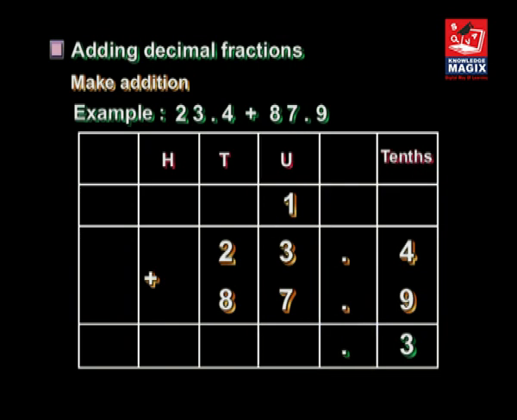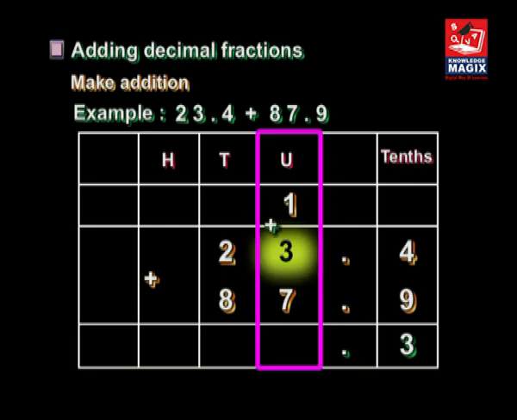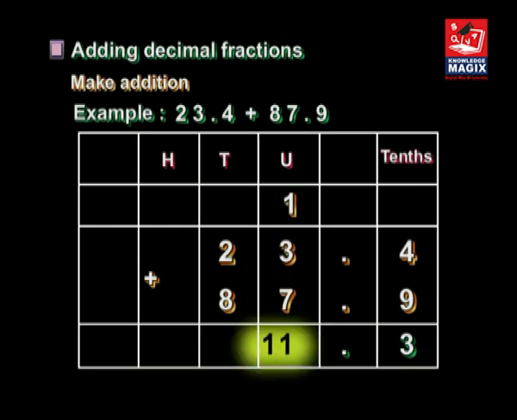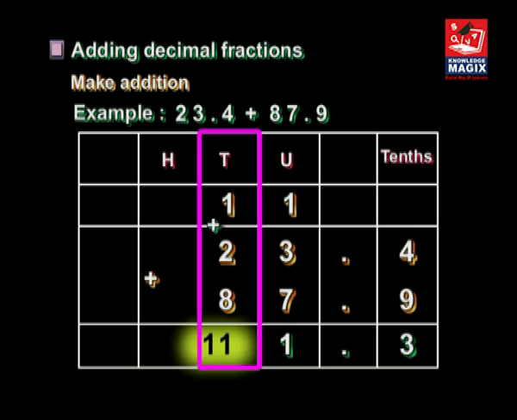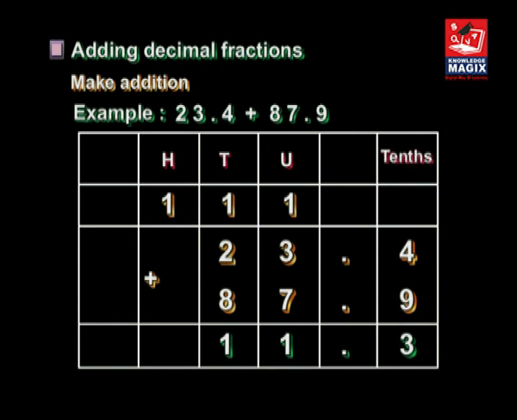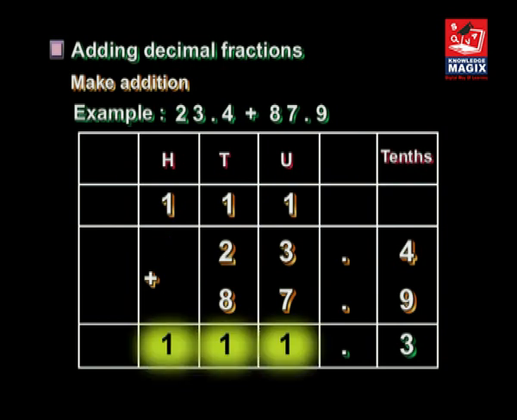In the units place, 1 plus 3 is 4. 4 plus 7, 11. 1 is written, 1 is carried over to tens place. Here 1 plus 2, 3. 3 plus 8, 11. So the addition is 111.3.